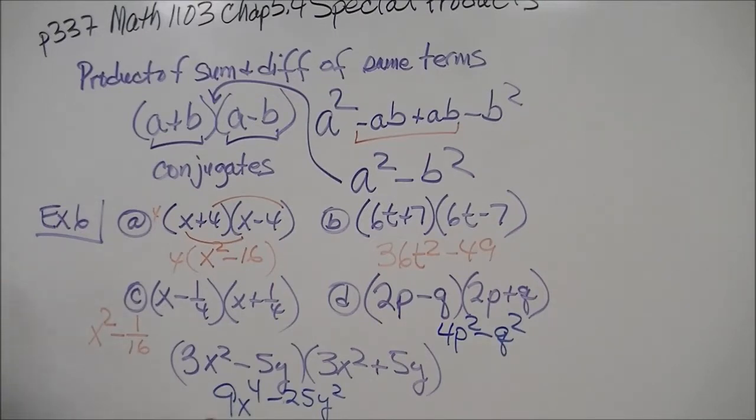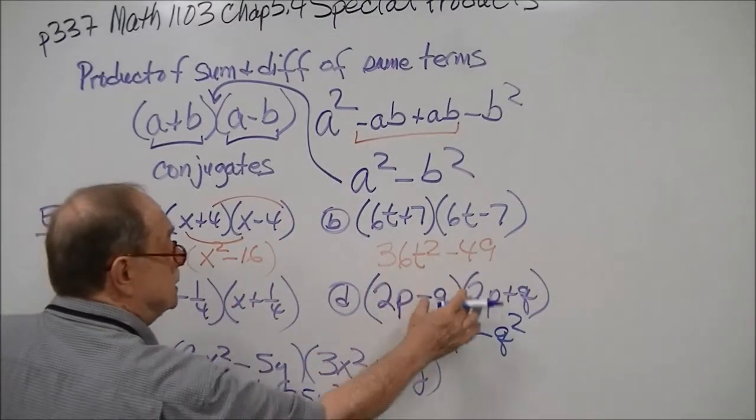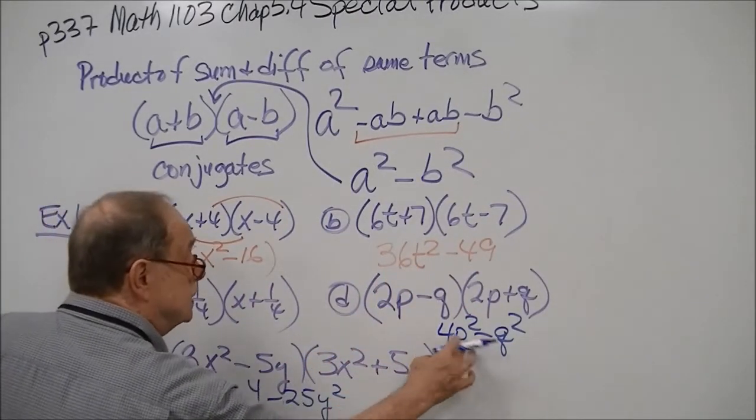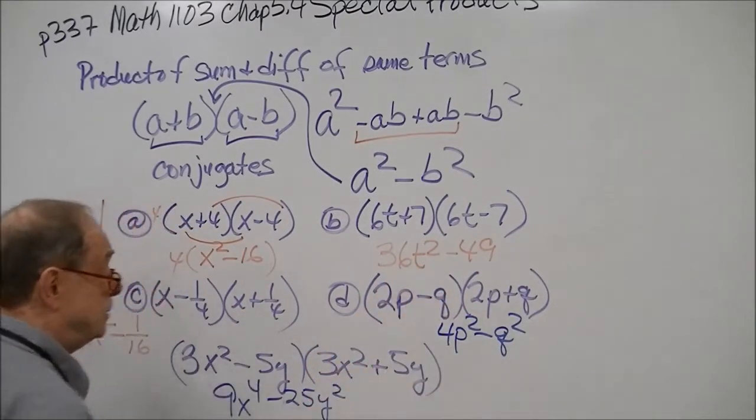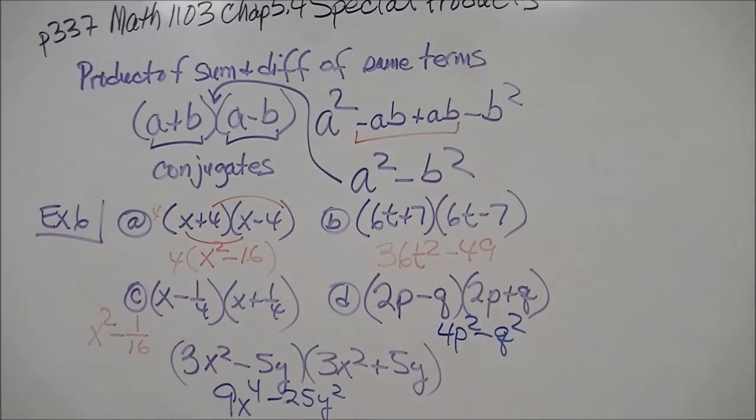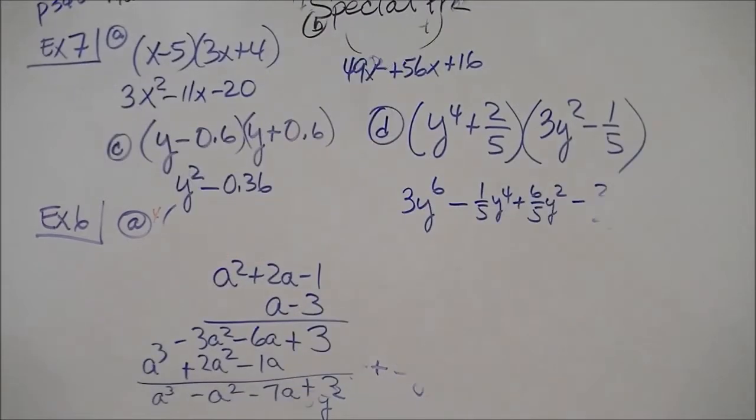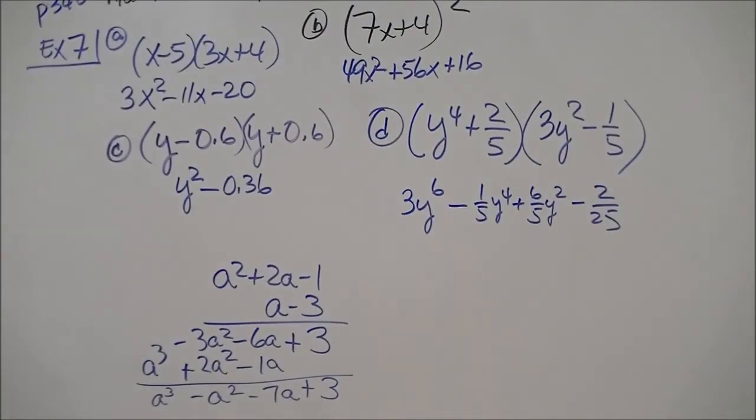Again, as you recognize, these are now the difference of perfect squares, so they would factor into their conjugates. Now, doing this last example, what they're doing is giving us a variety of things.